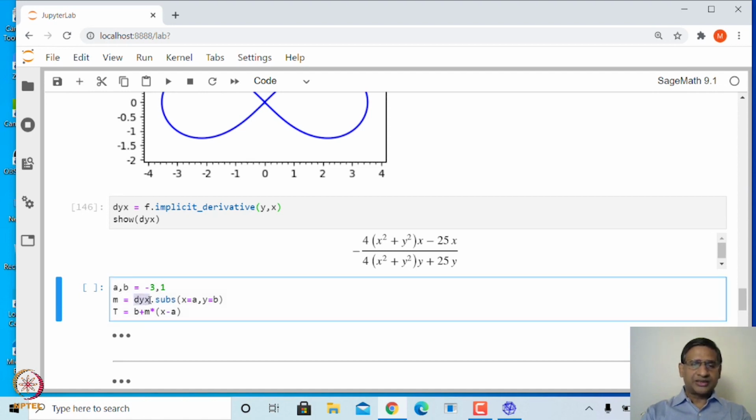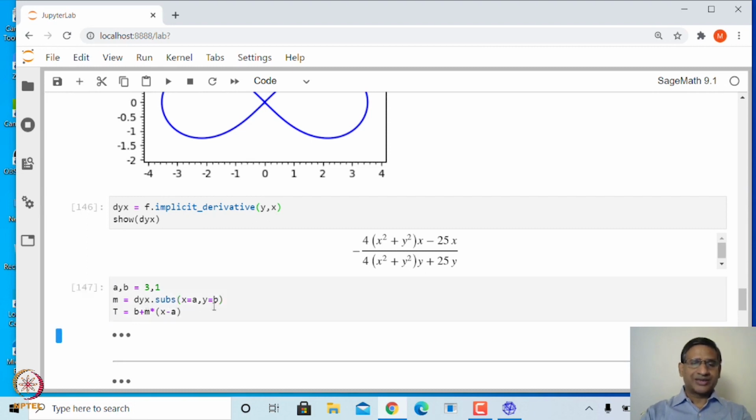Let me define the derivative at x equal to 3 and y equal to 1 as m. So that is the evaluation: you put x equal to 3 and y equal to 1, and store that in m. Then let us define a tangent passing through (a, b) with slope m.